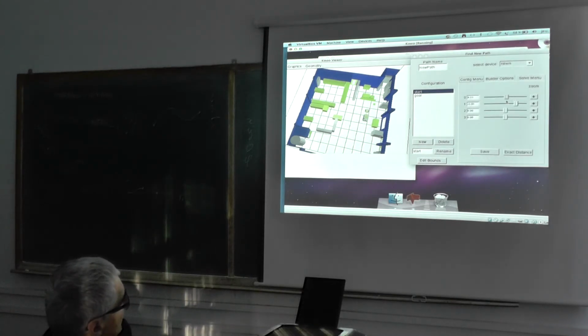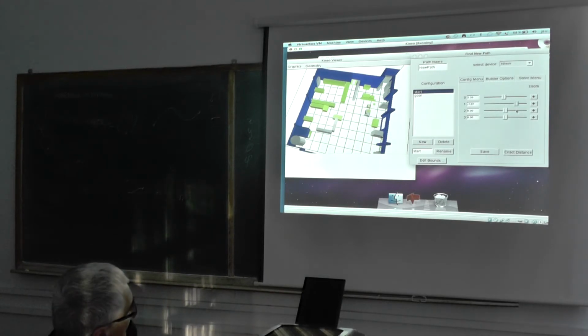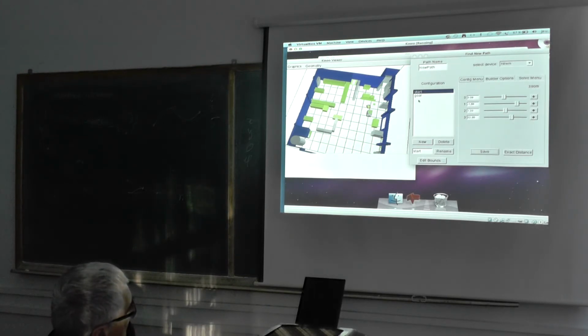This is here, you can see the robot, X, Y. When it becomes red, you understand that there is a collision checker working at the same time. X, Y, theta, and phi. Then let us save this configuration here.